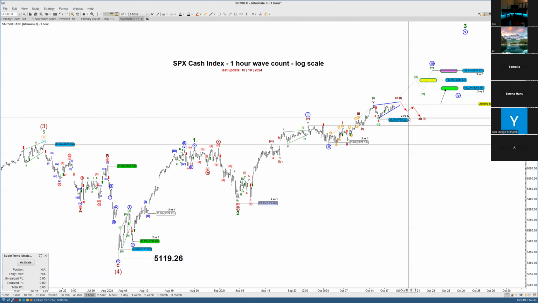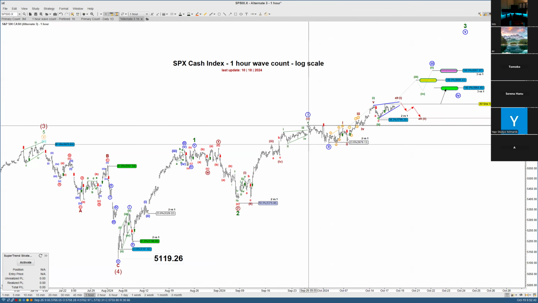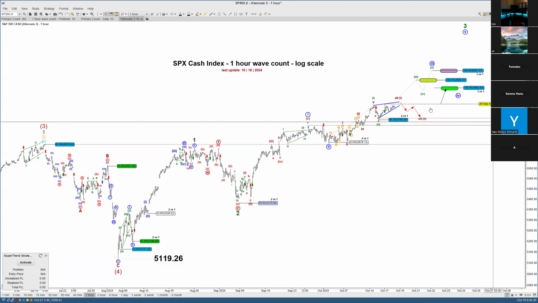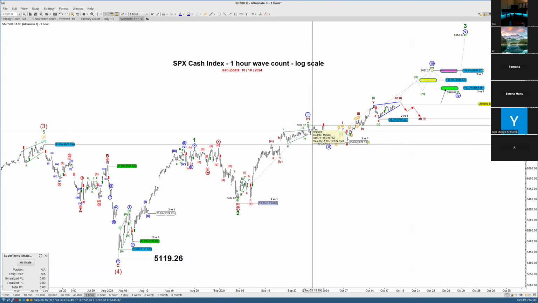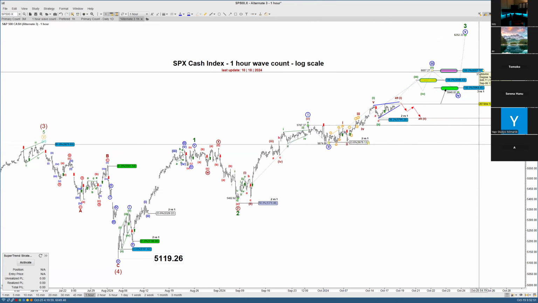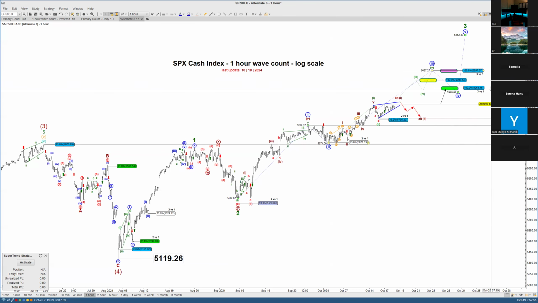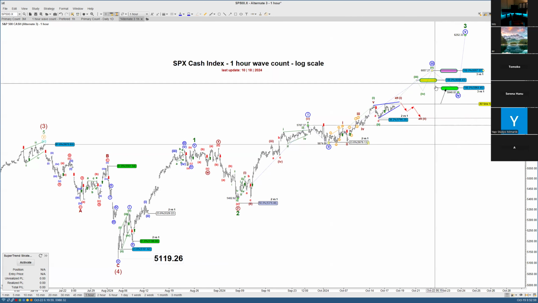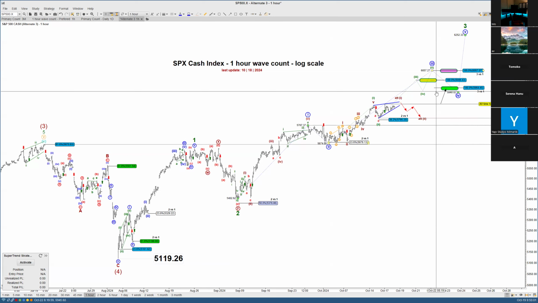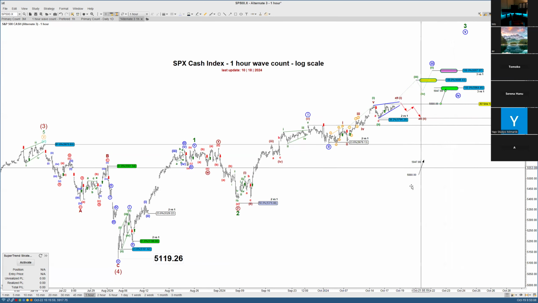So this 5804, and you have a support here, which is 5767 at this high, so I'm using this as 1. This has a projection to $6,057. So this zone right there is where I see you're going to have a bit of a setback.